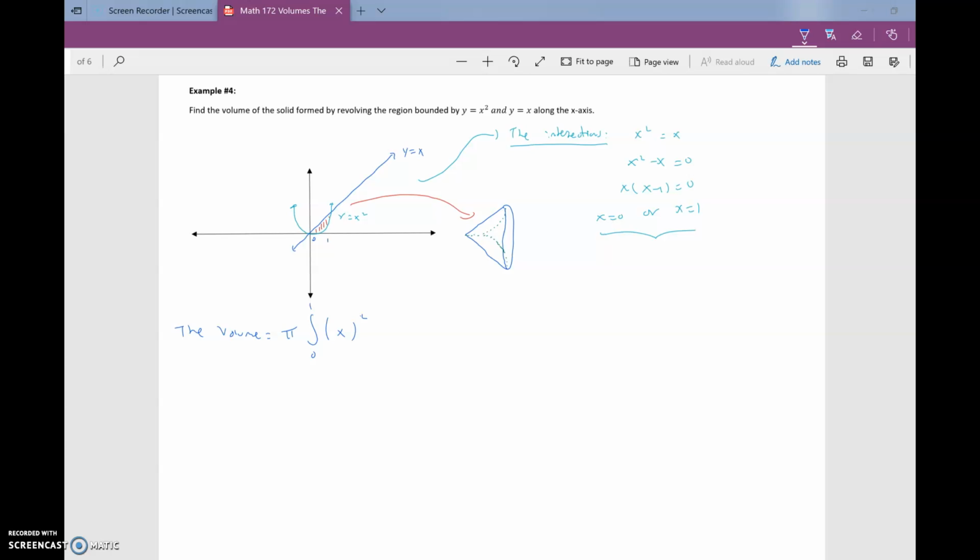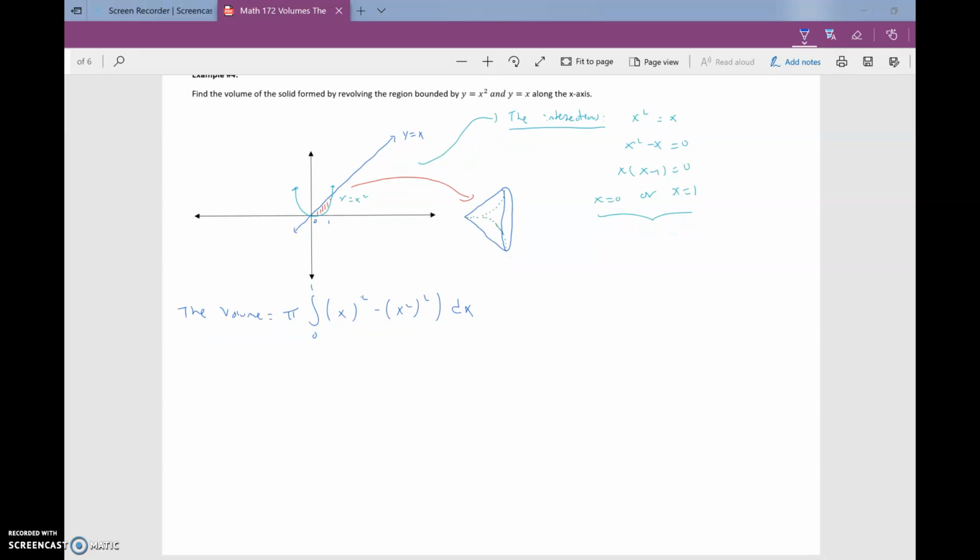So we're going to square this function minus the x squared, so this will be x squared squared dx.